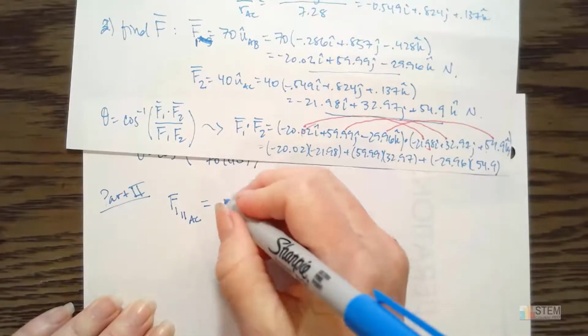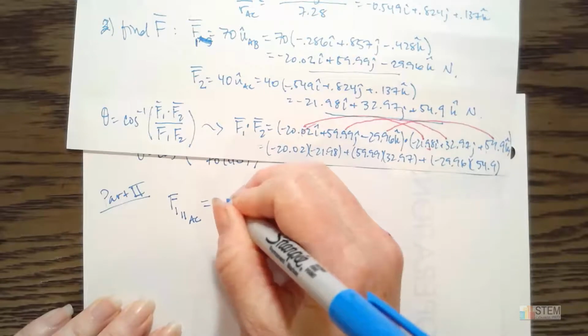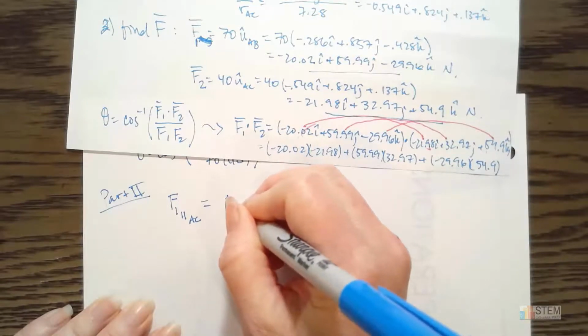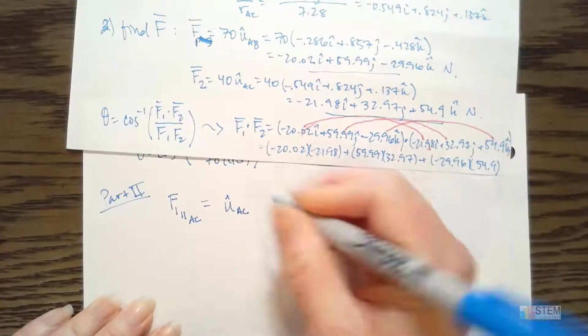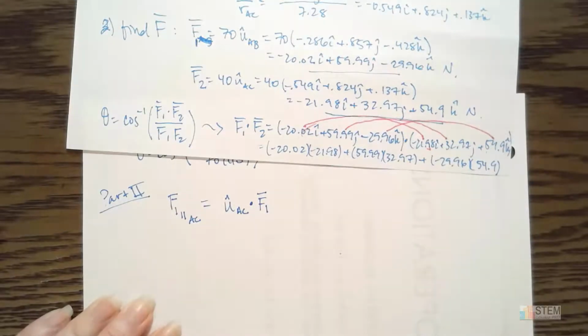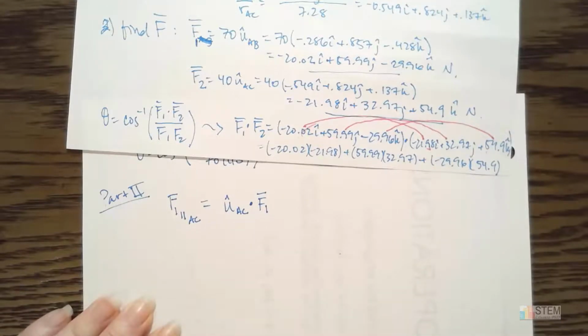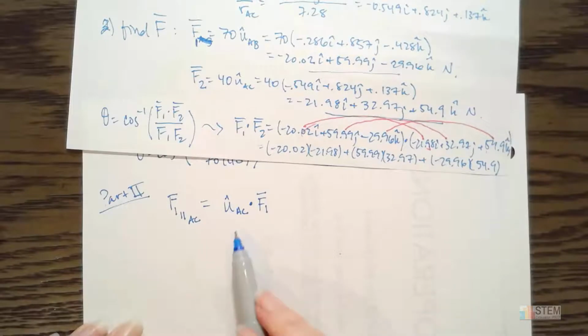And the equation we're going to use is basically going to be the unit vector of the line we are looking at, which is AC here, and we're going to dot that with the force vector F1. Okay, so this is going to give me the projected component. All right, so let's go ahead and plug in our numbers.